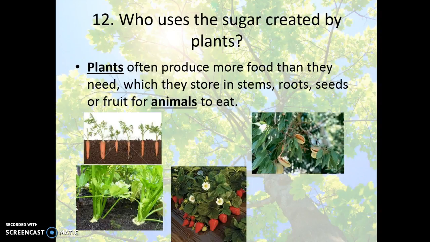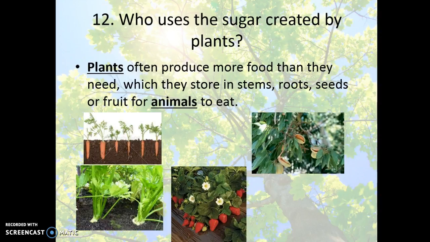Who uses the sugar created by plants? Don't think it's just animals, because all living things have to have it. So the plants, they're the ones that produce glucose, but often they produce more food than they need. So then they store it in stems, like a stem that you would eat is celery. They store it in roots, would be like carrots.